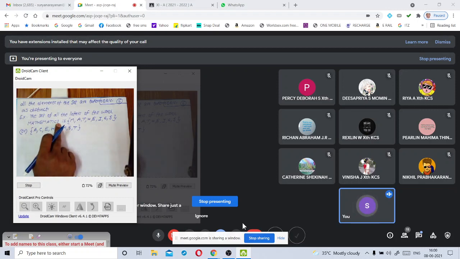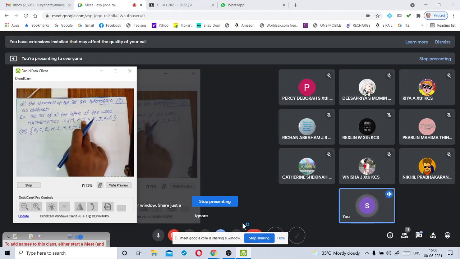Understood, my dear Rexlin? We should not change the style of this letter, whether it is a lowercase letter or uppercase letter. Whatever case of these letters, we should take the letters as it is. Got this point, my dear Rexlin? Okay, sir. Understood these two sets, Rexlin?